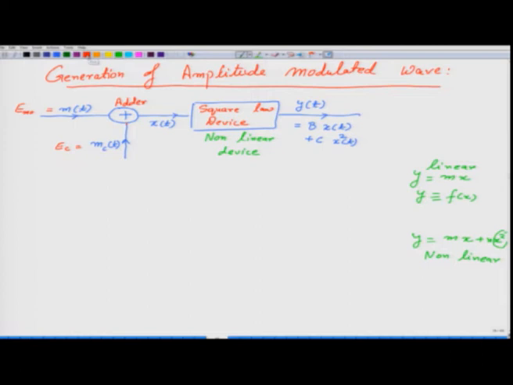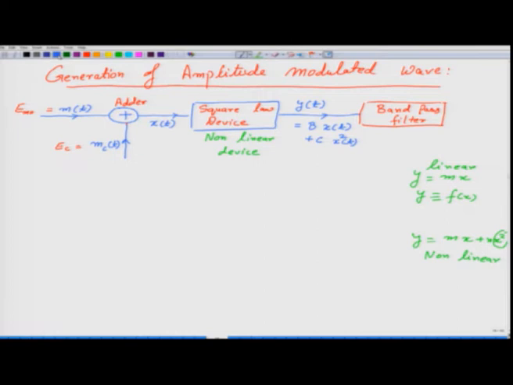Now, the third block is a band pass filter. We will see why this is needed. This is also an important block. Now let us see what happens when we send our inputs, the message signal as well as the carrier signal, to this device.